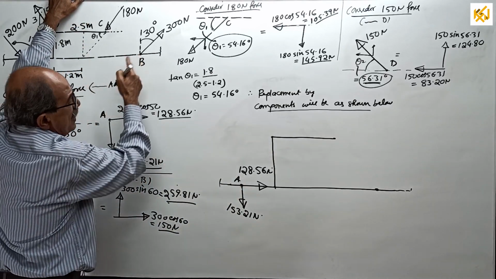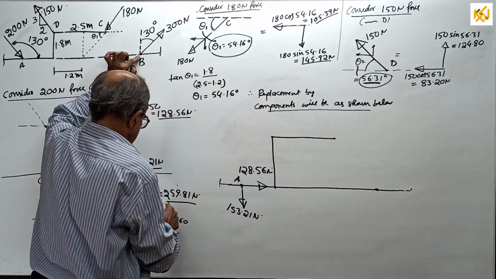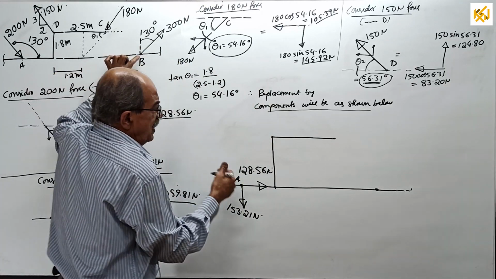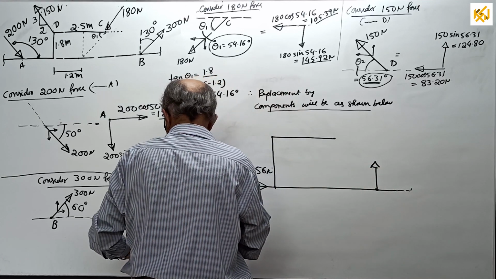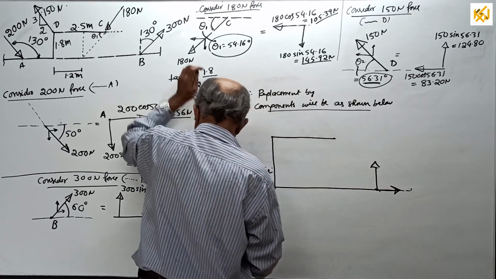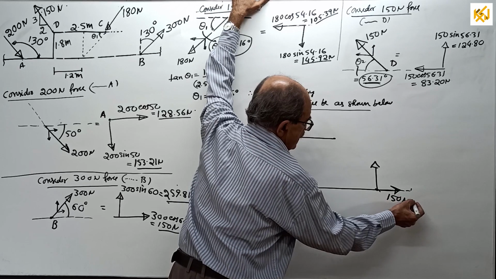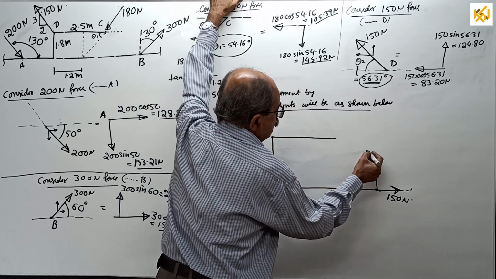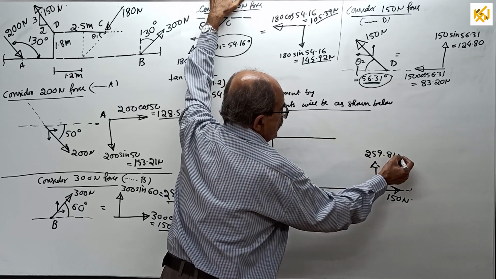Then come to the point B. B is somewhere here. Where is the force? Here. A vertically upward component and a horizontal, or along X, right side component. The horizontal X component is 150 Newton, the Y component is 259.81 Newton. Over.